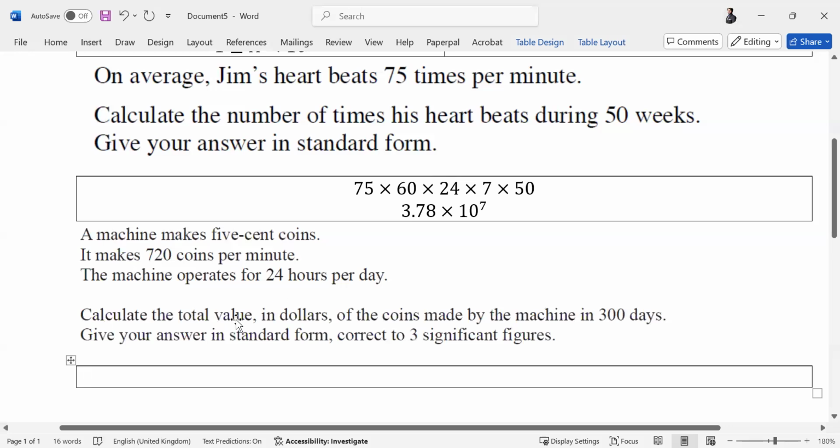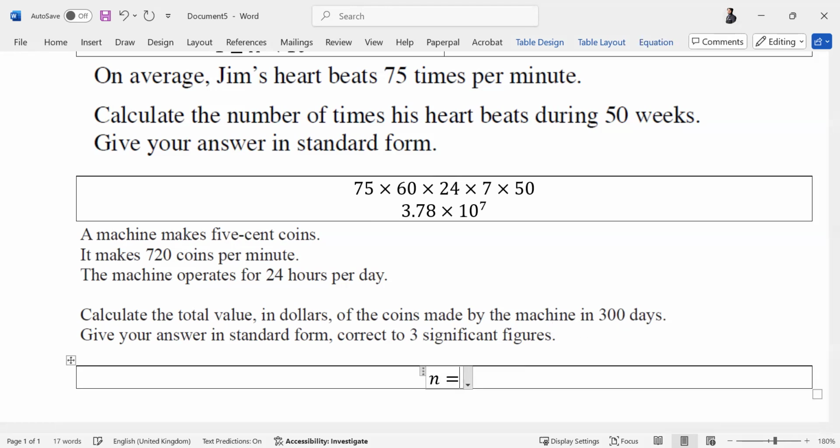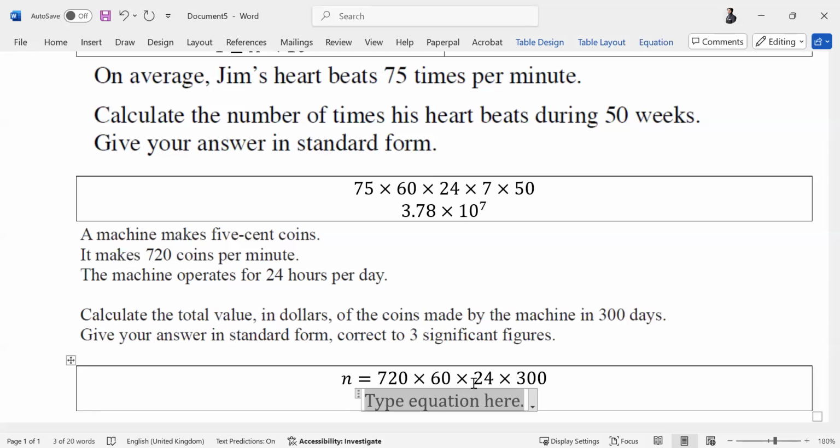Calculate the total value in dollars of the coins made by the machine in 300 days. So first, I will find the number of coins in 300 days, and then I'll find the value. 720 coins I'm getting per minute. If I multiply that by 60, I'll get the number of coins in 1 hour. If I multiply that by 24, I'll get the number of coins per day. And if I multiply that by 300, I'll get the number of coins in 300 days.